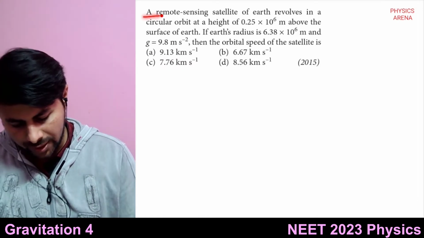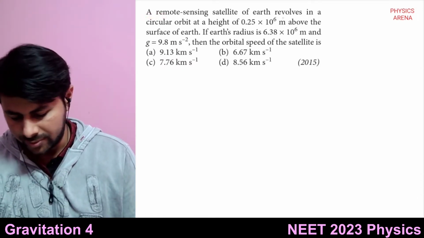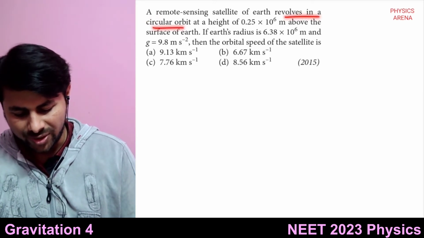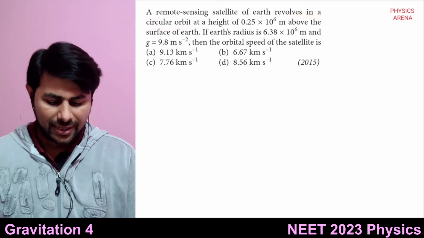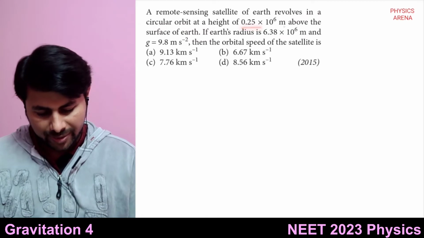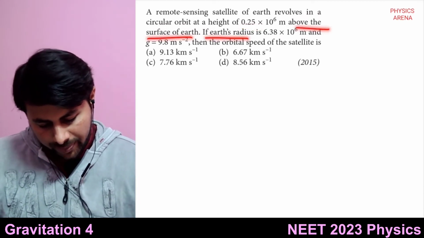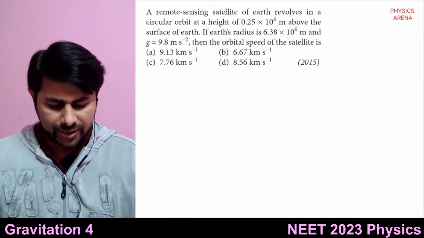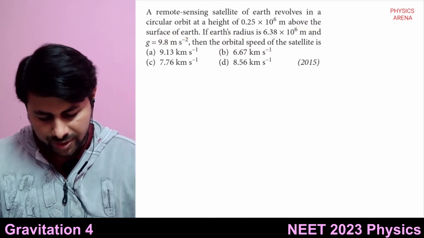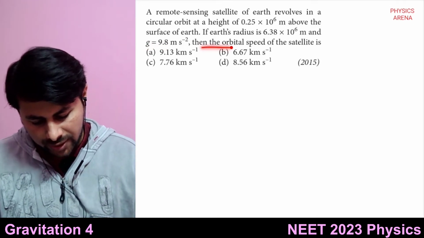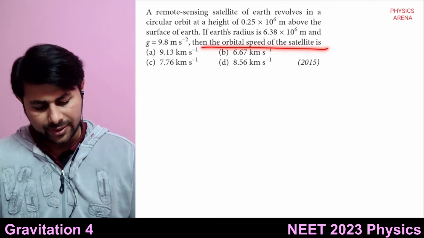A remote sensing satellite of Earth revolves in a circular orbit at a height of 0.25 multiplied by 10 raised to 6 meters above the surface of Earth. If Earth's radius is 6.38 multiplied by 10 raised to 6 meters and g equals 9.8 meters per second square, then the orbital speed of the satellite is.